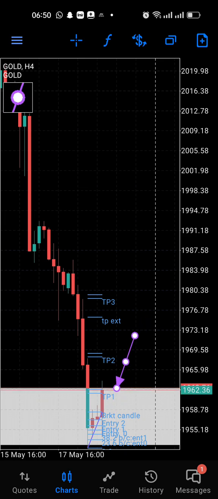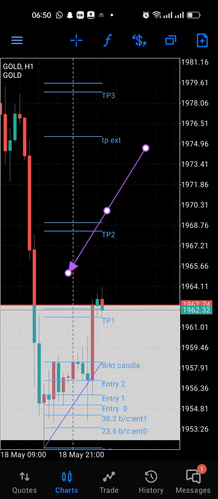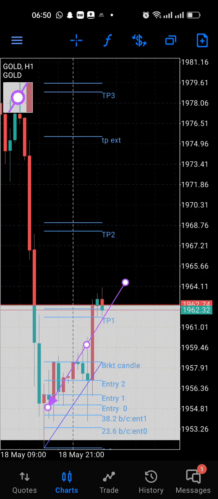So here market comes back to the zone, and that is where I become very attentive. I look at this, it fails to break, and then it stalls here, and then I'm in a hammer, a doji, and then this candle breaks out.